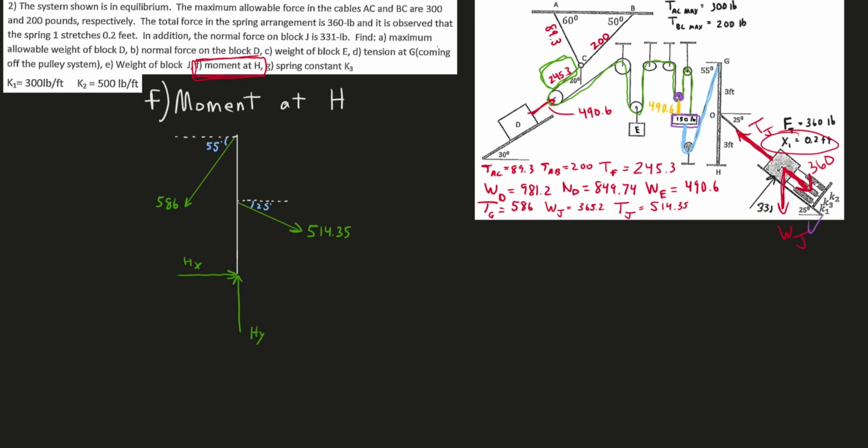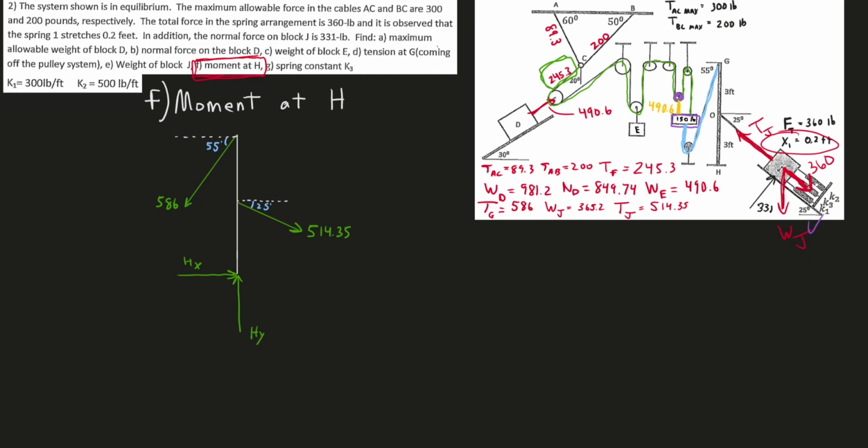Now also, if you look at our diagram, at that point H, you can tell that this is what we call a fixed support. It's not like a hinge. It's not free to swivel. It's not free to rotate about H. It's rigidly welded in, it looks like.